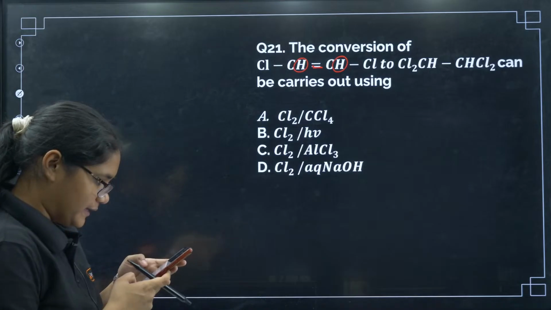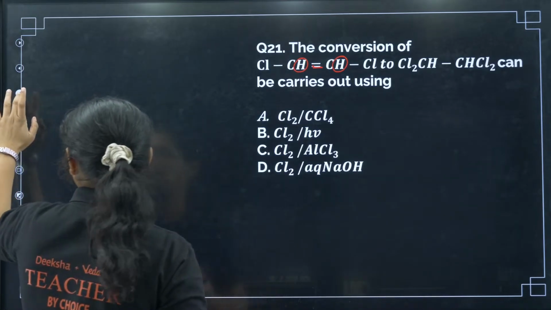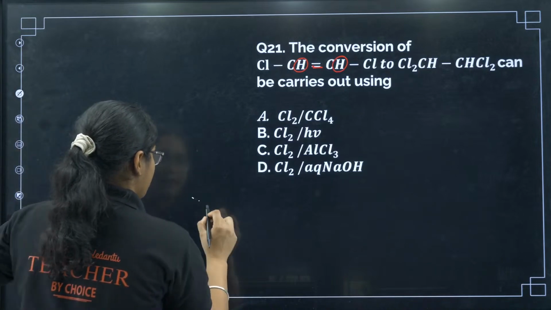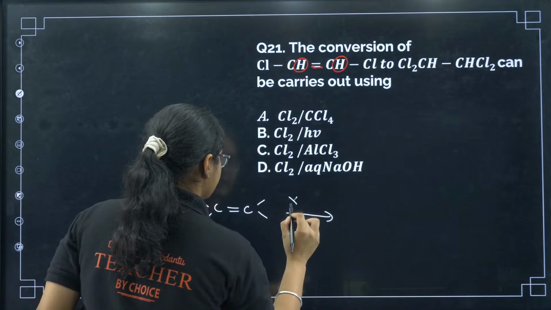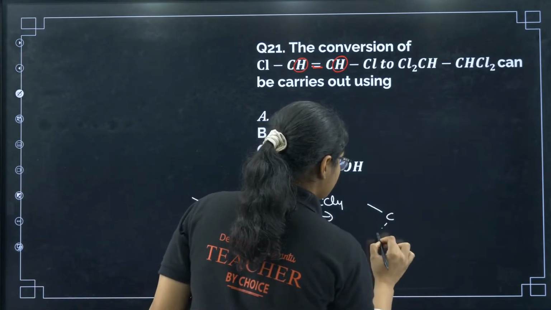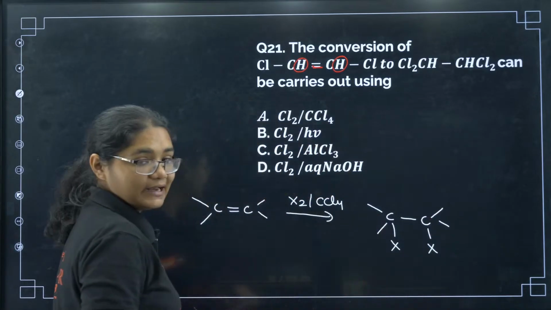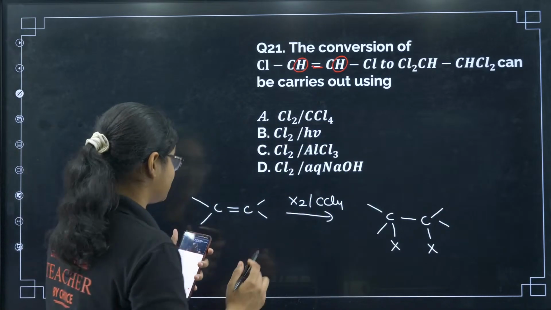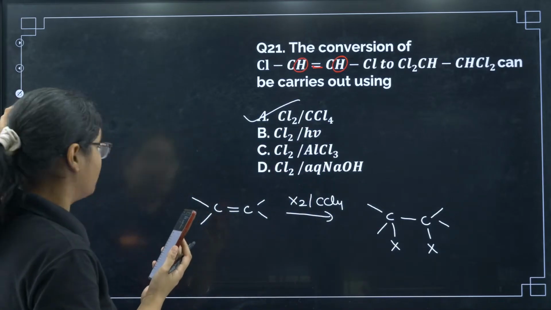I want the 21 answer from all of you. Which reagent is required there? See, if I have something like this and I am using X2 in presence of CCl4, that gives me the dihalide, right? So what should be the answer here? Yes, A is the correct answer, Cl2 in presence of CCl4.